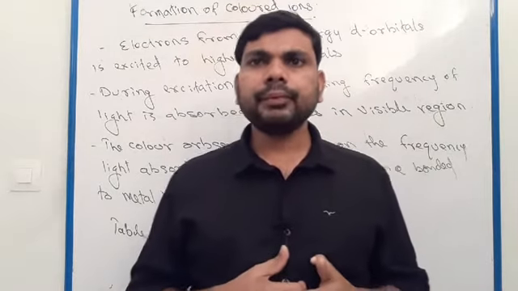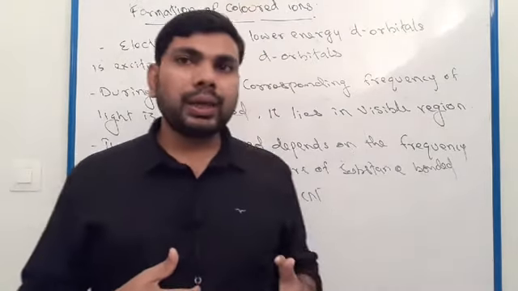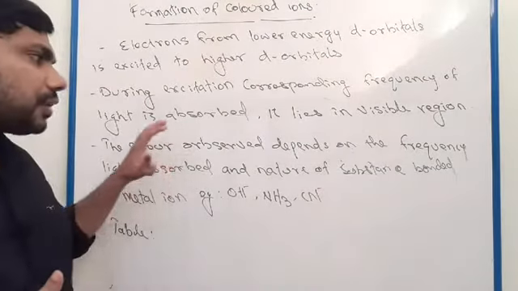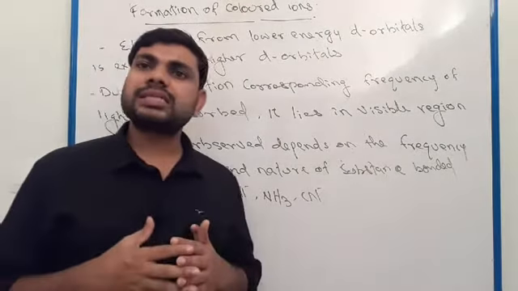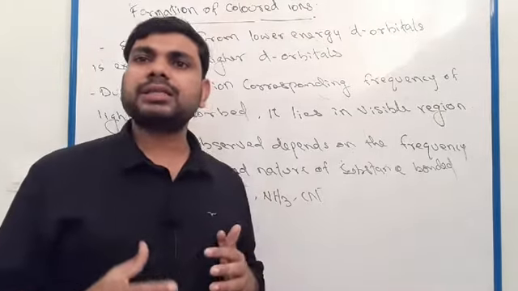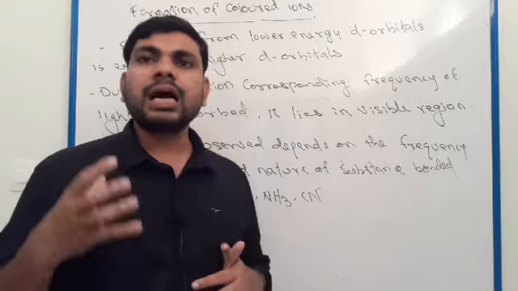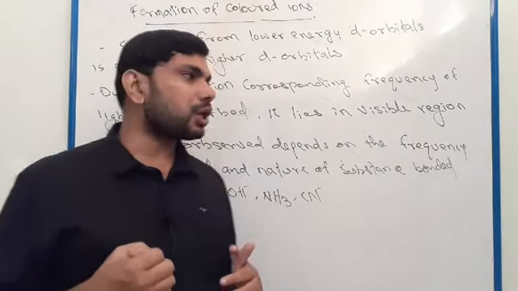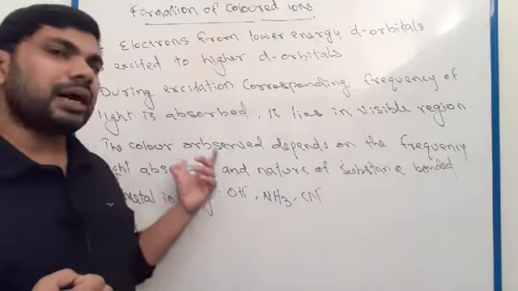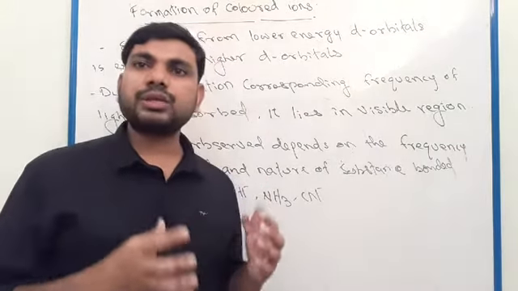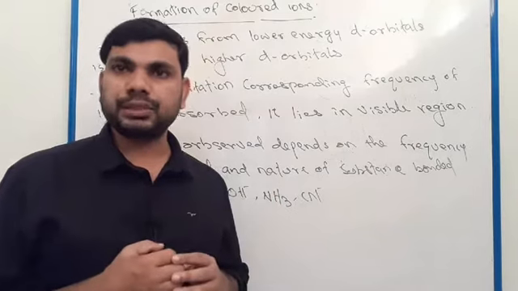Okay. And here we have to discuss the formation of colors. So here we discuss D block metals, they make colored compounds, and these colors depend on the frequency of light or radiation absorbed.